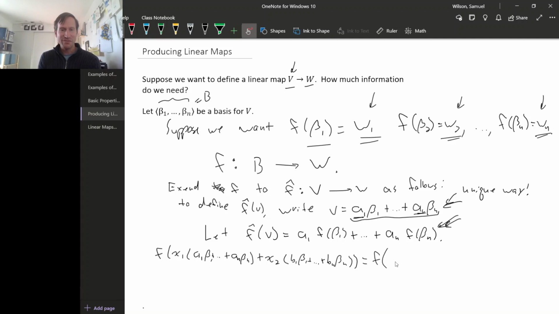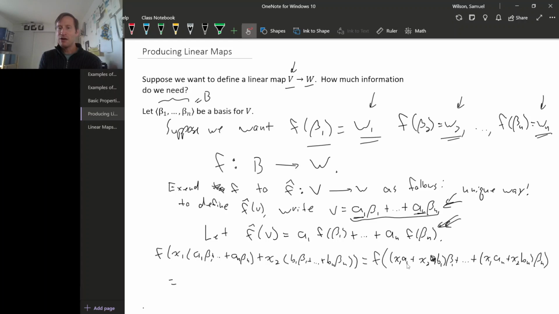So this is f of x1a1 plus x2b1 times beta 1 plus dot dot dot up to x1an plus x2bn times beta n.